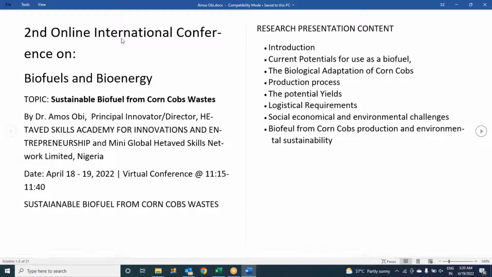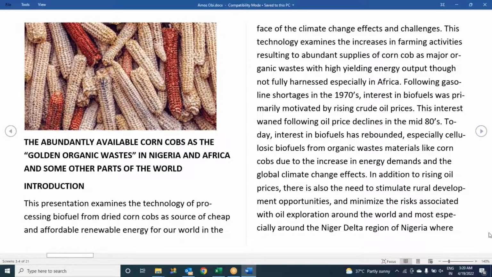We can see that our world is in need of energy, especially renewable energy. One of the problems confronting our world is the use of non-organic fuel. Inorganic energy sources have caused much damage in terms of climate change. So our world is in need of an alternative source of energy, and corn cob, I call it the golden organic waste.